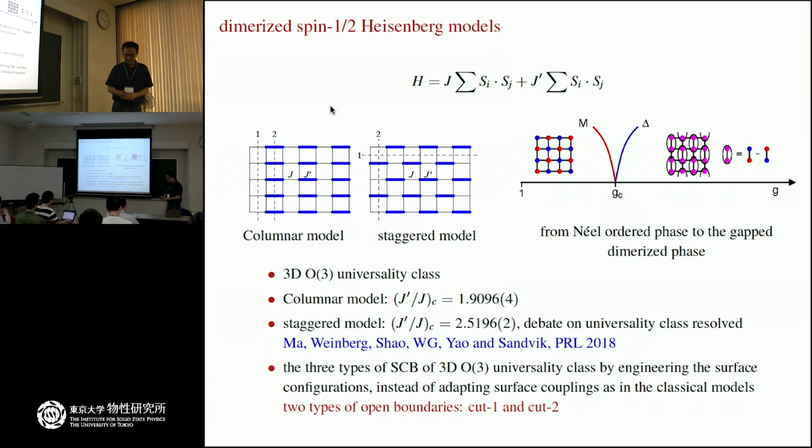So here's the dimerized, familiar, everybody here, I'm sure, is familiar with this dimerized spin-half Heisenberg model. You have J, the weak bond, and a strong bond J prime. This is a columnar dimerized model.